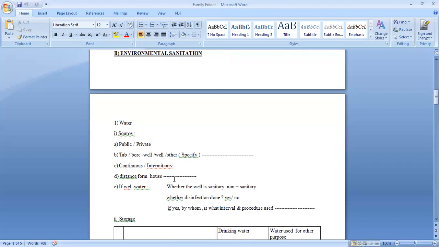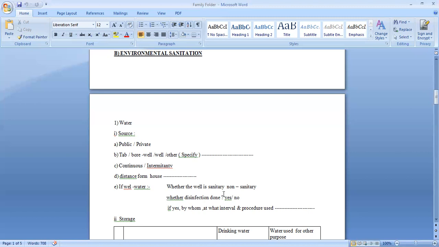Then if the source of water supply is at a distance from the house, what is the distance from the owner's house to this source of water supply? This you have to write, like half a kilometer or 100 yards or 200 yards or maybe 1.5 kilometers, whatever it is, you have to mention it here.